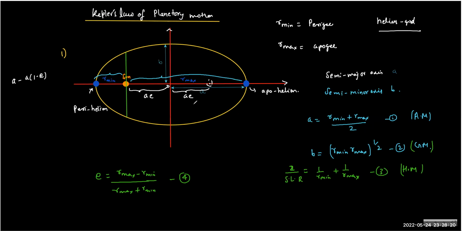So if E is 0, it is a perfect circle, which means the two foci will coincide with the center itself. So when I say E is 0, the two foci, right and left, will exactly converge at the center, and there is no gap. And therefore the ellipse becomes what? Circle.